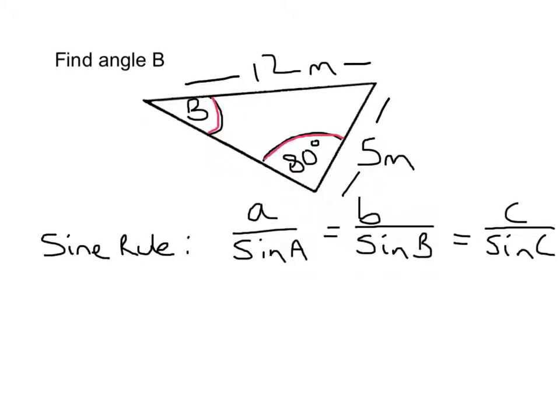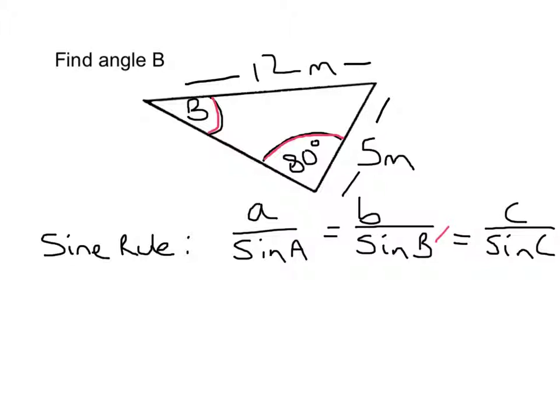To decide which of the rules I'm going to use to solve the problem, I'm going to first use my sine rule and tick off the unknowns in the question that we need to find. In this one we need to find angle B, so I'm going to tick off sine B. Now I'm going to tick off all the sides and angles that we've been given.